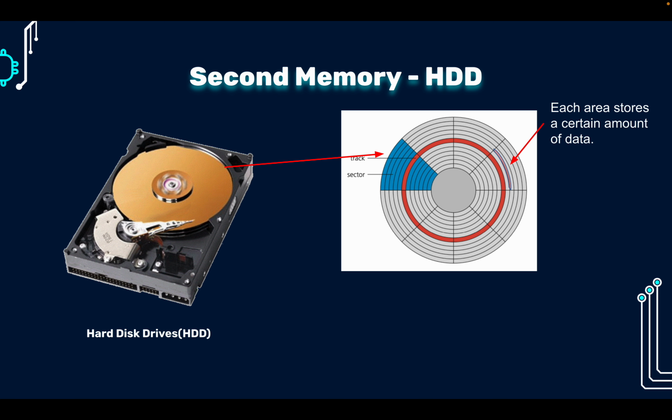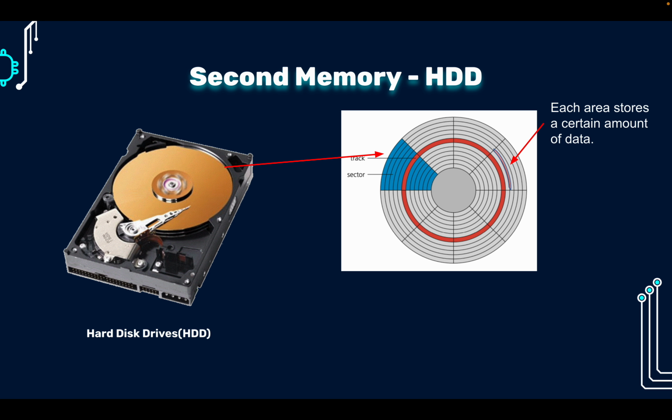You can see the sector is a small portion of a track, and a track is a circular magnetic area on the hard disk platter where the data is stored. There are multiple tracks, like the rings of a tree, and each track is numbered for identification and access.